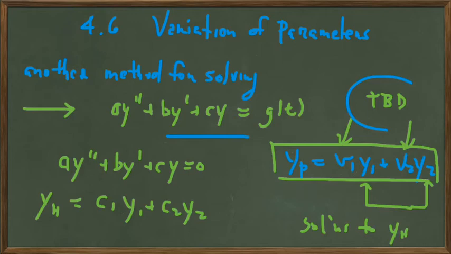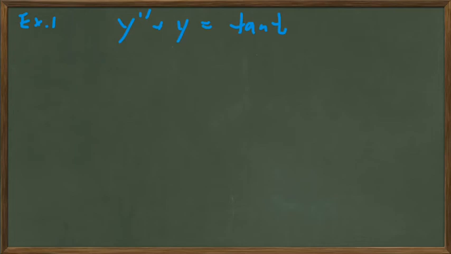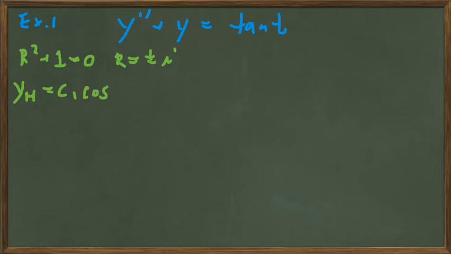Let's apply this formula that we've developed to solve this differential equation. The characteristic equation is r squared plus 1 equals 0, r equals plus or minus i. So y sub h is c1 cosine t plus c2 sine t, and that gives us our y1 and our y2, or allows us to identify them.